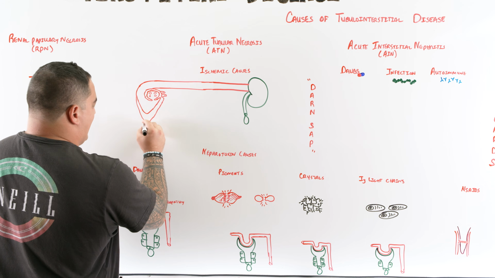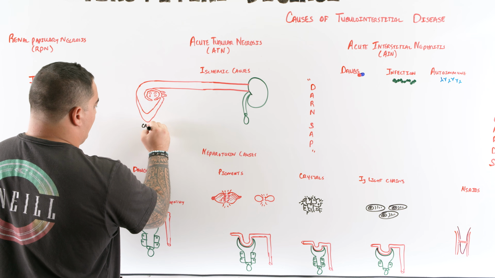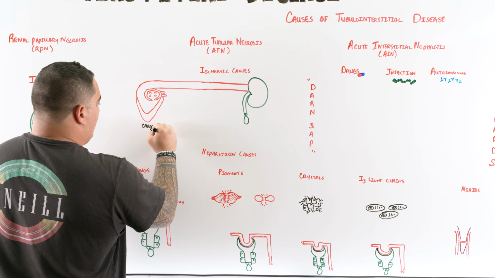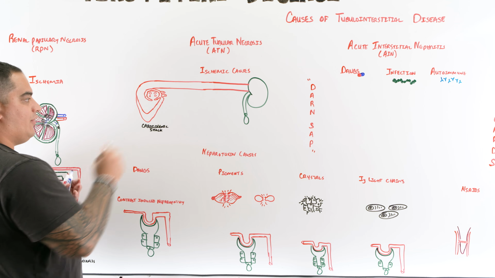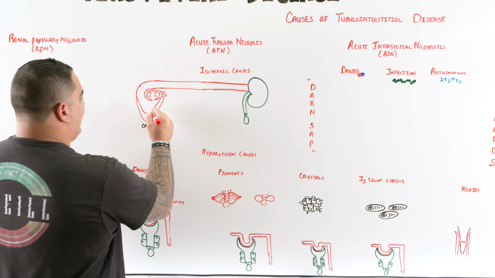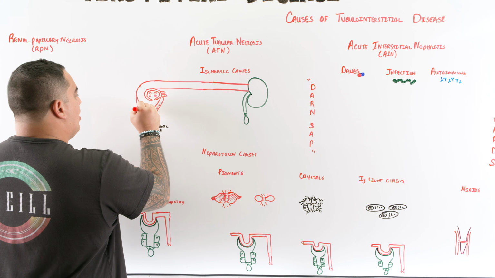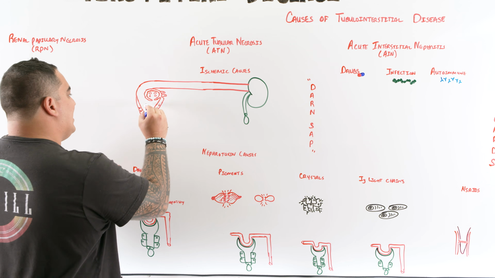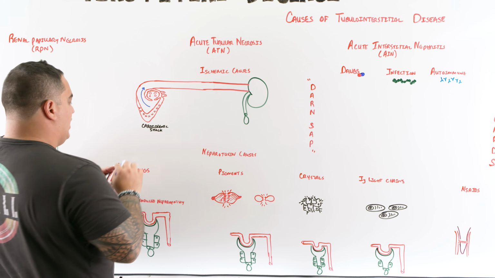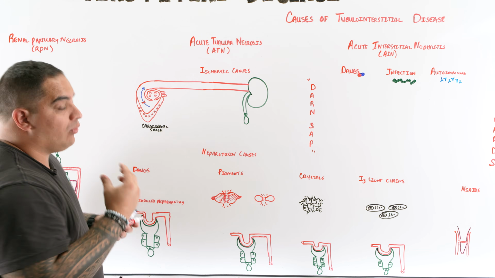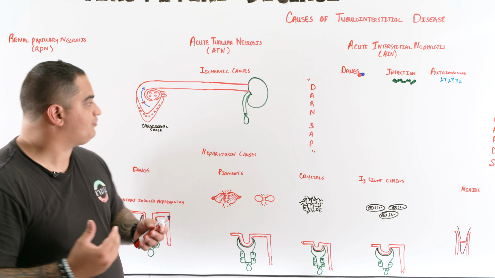Let's say that a patient has cardiogenic shock. Maybe they had an MI, maybe they have acute heart failure, and in this scenario they have disease of their pump. The problem is with their pump, and so now their ability to get blood out of the heart is impeded. So that's one potential mechanism, right? Really prolonged cardiogenic shock.